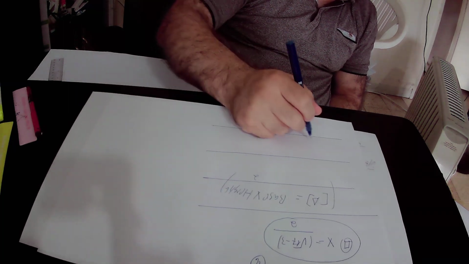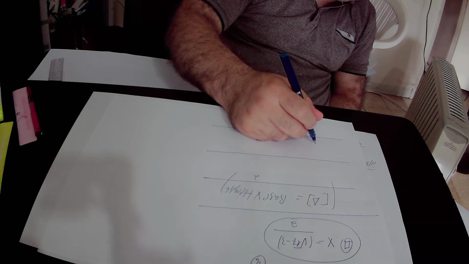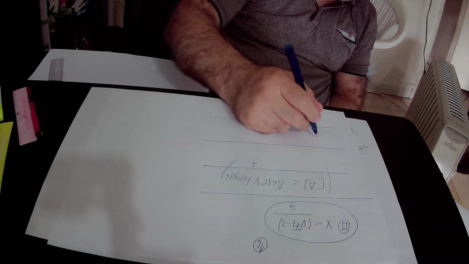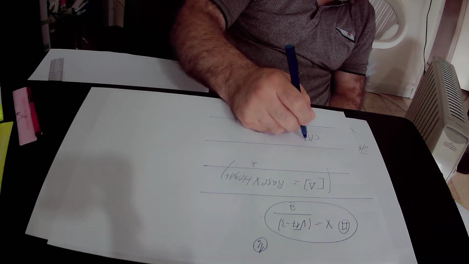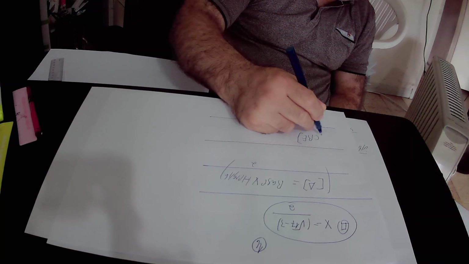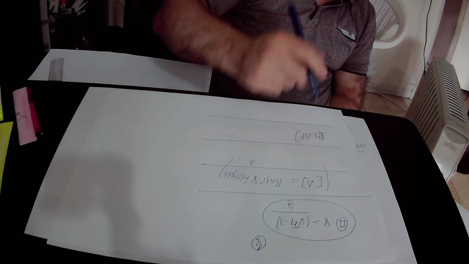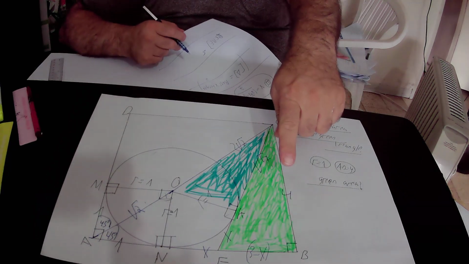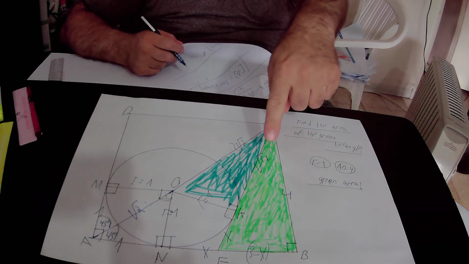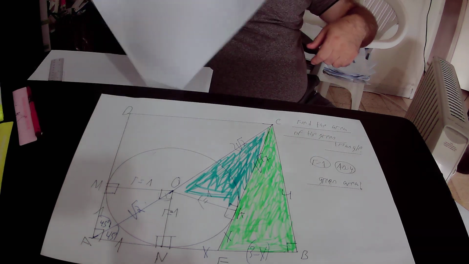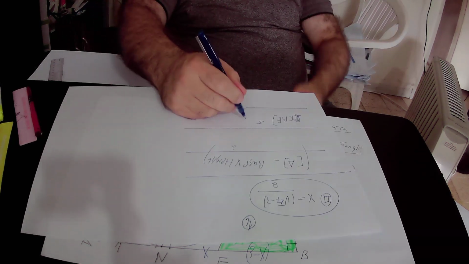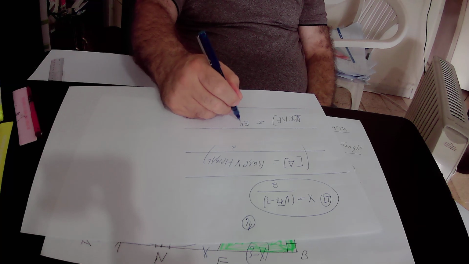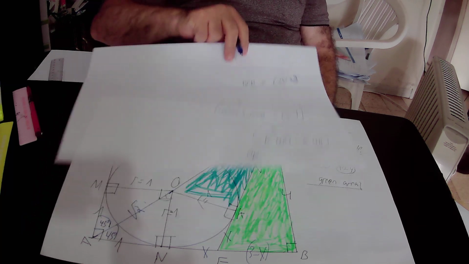So the area of the green right triangle CBE, according to question number 3, will be equal to the base of the green right triangle CBE, which is EB, times the height.